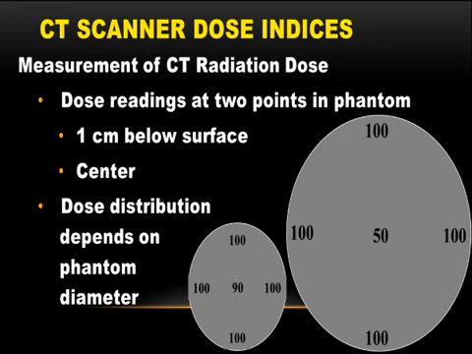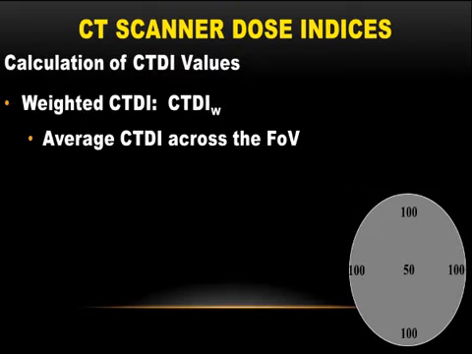So we have much more attenuation of the radiation coming into the patient when we have a larger patient, and as a result of that, our central dose is significantly less for a larger patient than it is for a smaller patient.